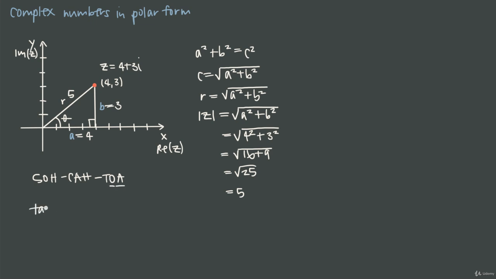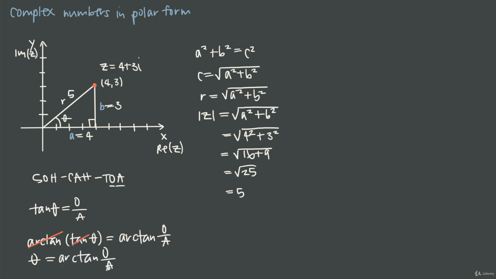So we can say that tangent of theta is equal to opposite over adjacent, or if we take the arctangent of both sides, we'll get arctangent of tangent of theta is equal to arctan of opposite over adjacent, and then we're able to get arctangent to cancel with tangent, leaving us with just theta on this side. So we get theta is equal to arctan of opposite over adjacent. And that's how we come up with a formula for theta.